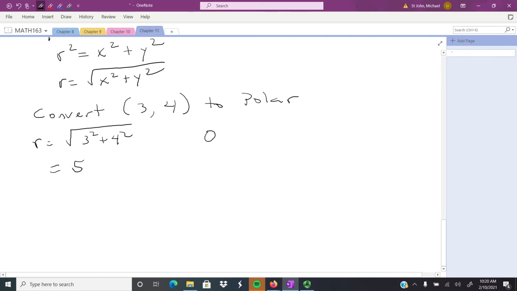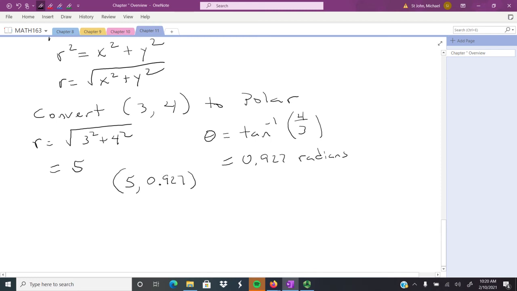And then theta is going to be the inverse tangent of 4 over 3. And this will come out to be 0.927, and this is in radians. Okay. So my point will be 5, 0.927.